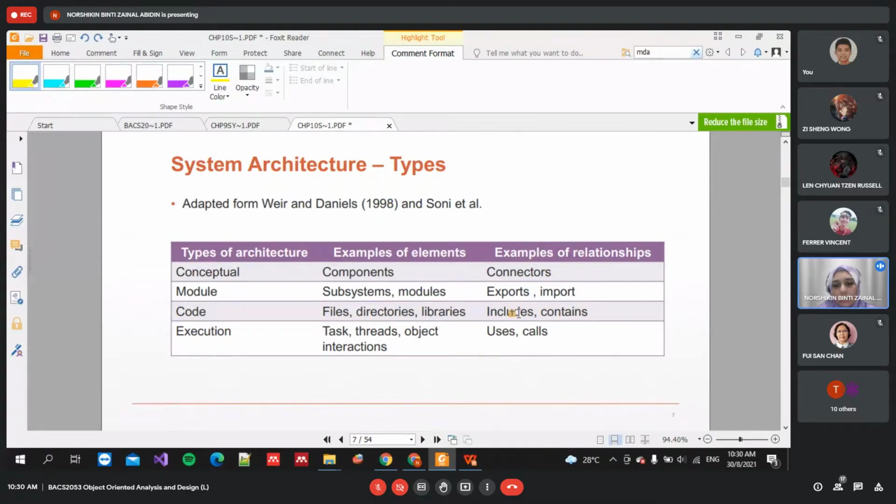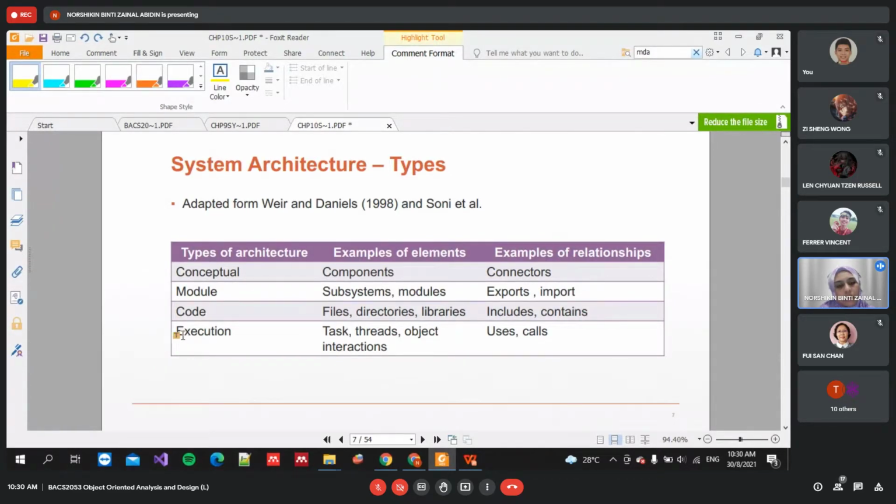You can see here include or contents, which means the function is already stored in the library. That one is for built-in functions. But since you already learned programming, you know that some functions are already built into the libraries, and there are some functions that we need to define and create on our own.